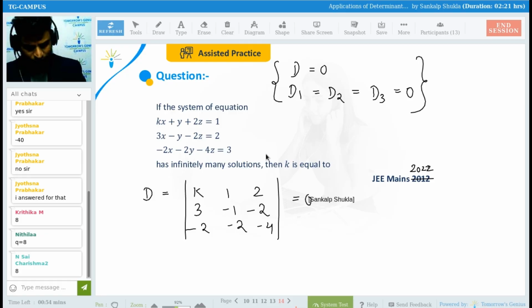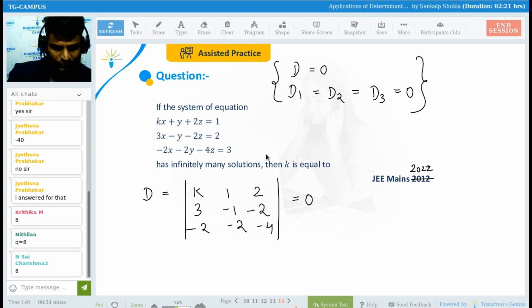Just put that equal to 0. Yes, 21 is the correct answer. Very good.